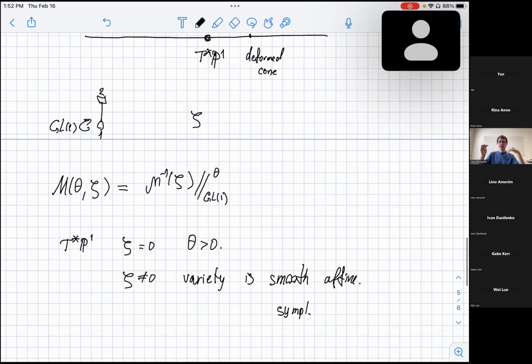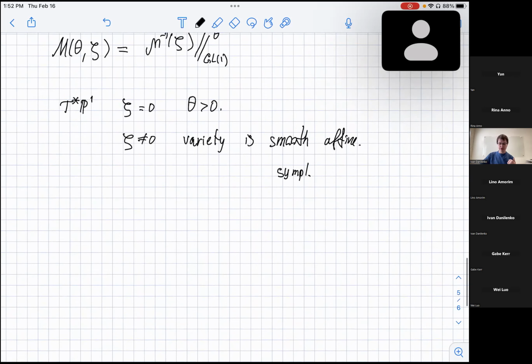But because it's affine, it cannot have holomorphic curves inside of it.